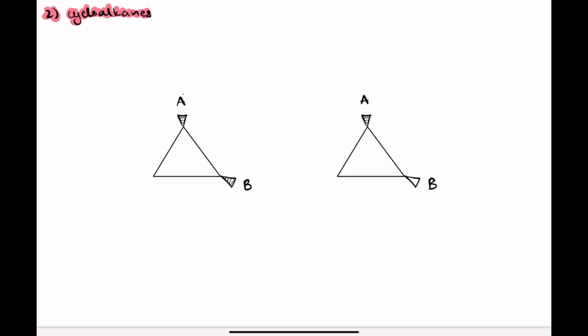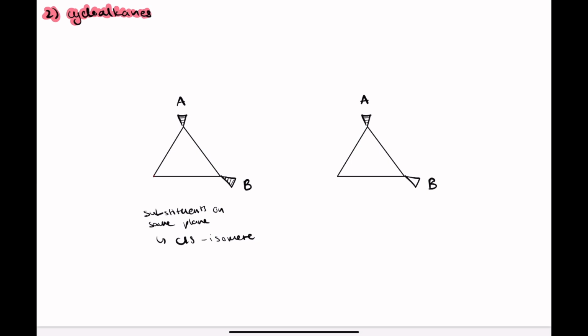On this isomer, all of the substituents have the same orientation in the sense that they're all bending either out of or into the plane, right? If this is our flat triangle, they're both either coming out or they're both going in. And so this is going to be our cis isomer.